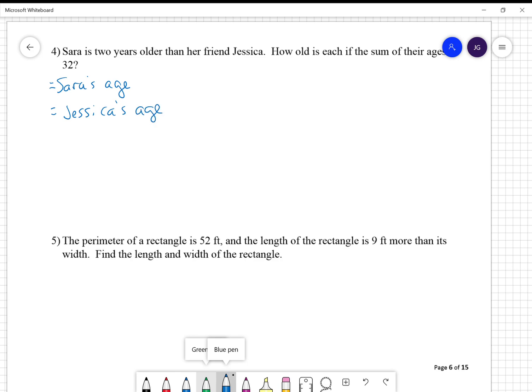One of those is just plain old A. Since Sarah is being compared to Jessica, Jessica is A. If Sarah is 2 years older, she would be A plus 2. Okay?